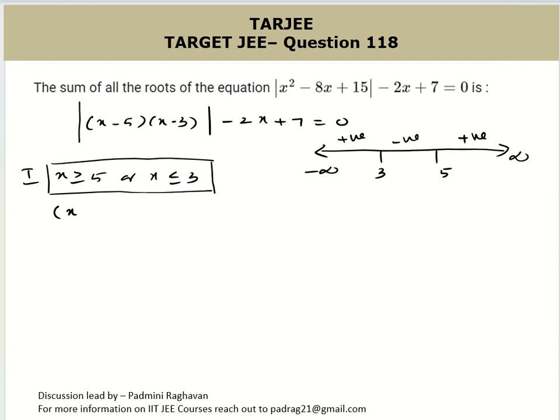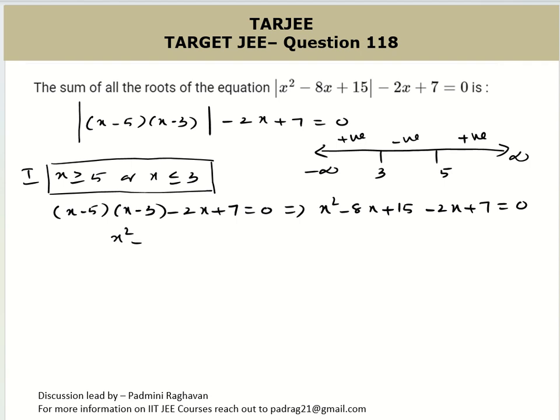So we get (x − 5)(x − 3) − 2x + 7 = 0. This is nothing but x² − 8x + 15 − 2x + 7 = 0, which is nothing but x² − 10x + 22 = 0.